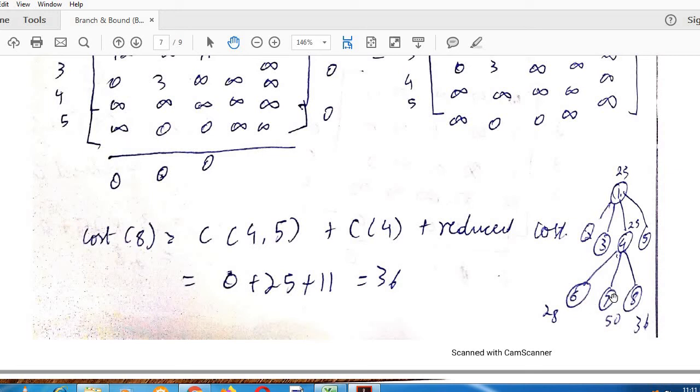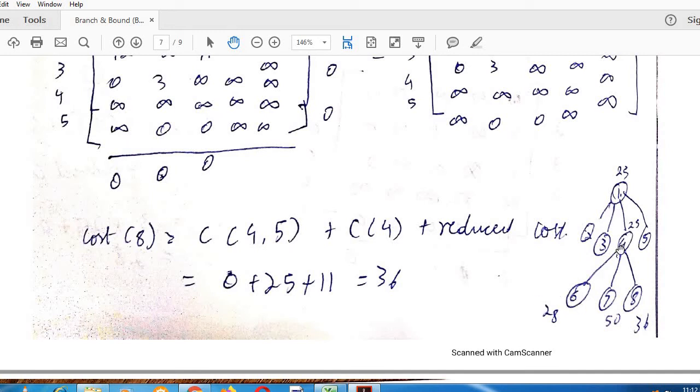So I have completed finding the cost for all the third level nodes. Among these, node 6 has the least cost. So I will select node 6 and ignore node 7 and node 8. I will further traverse from node 6. Already I have covered node 1 to node 4, and node 6 is nothing but node 2.